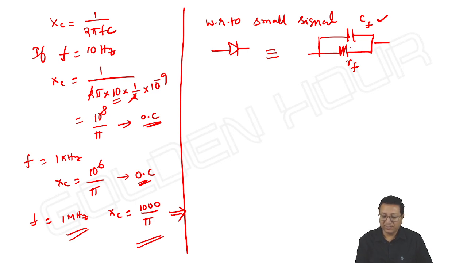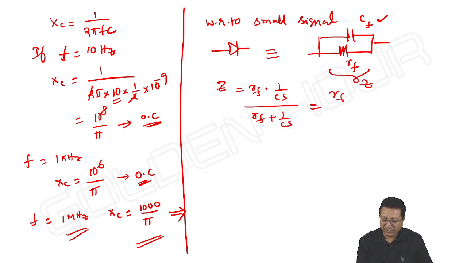So with respect to small signal, I can write this whole thing as Z, where Z is equal to RF into 1 by CS by RF plus 1 by CS. It is RF by 1 plus S RF into C. C I am writing instead of CF. S is equal to J omega.